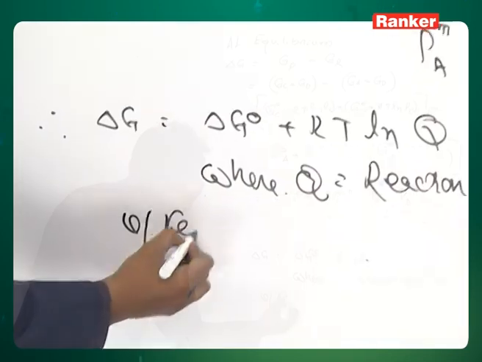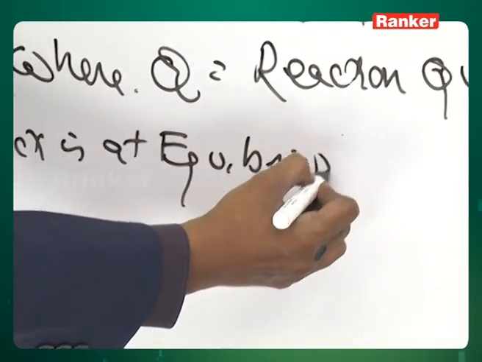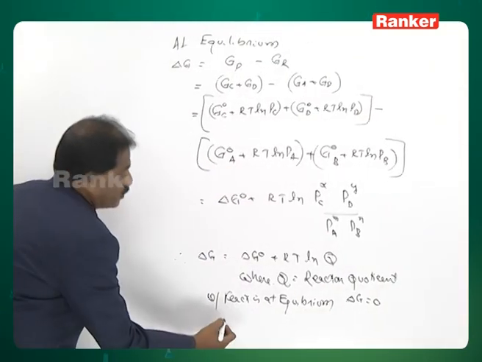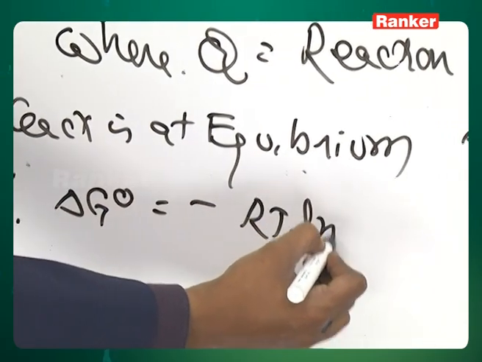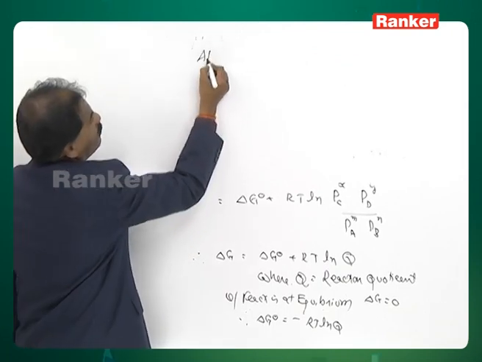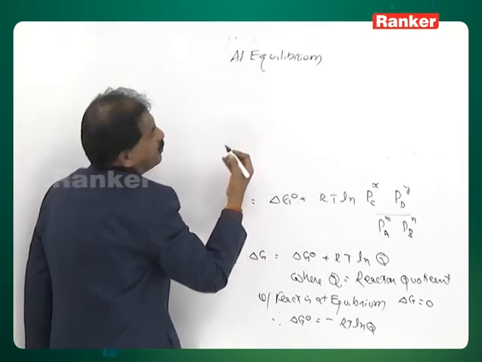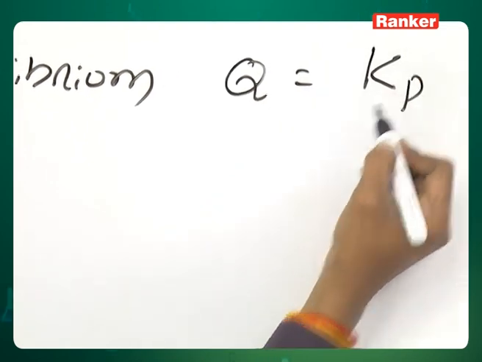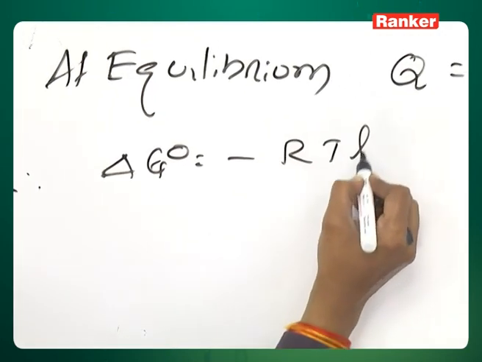Next, if reaction is at equilibrium, del G is equal to 0. Therefore, del G naught is equal to minus RT ln Q. At equilibrium, Q is equal to K. Therefore, del G naught is equal to minus RT ln Kp.